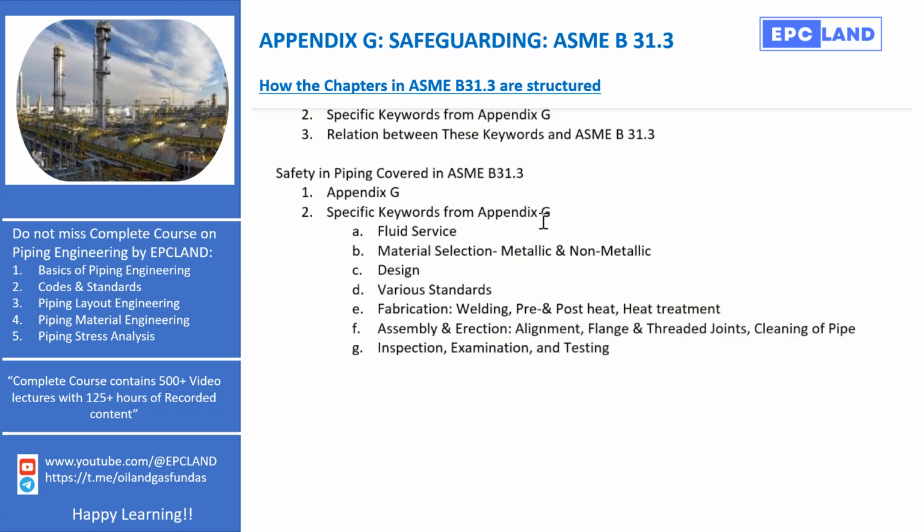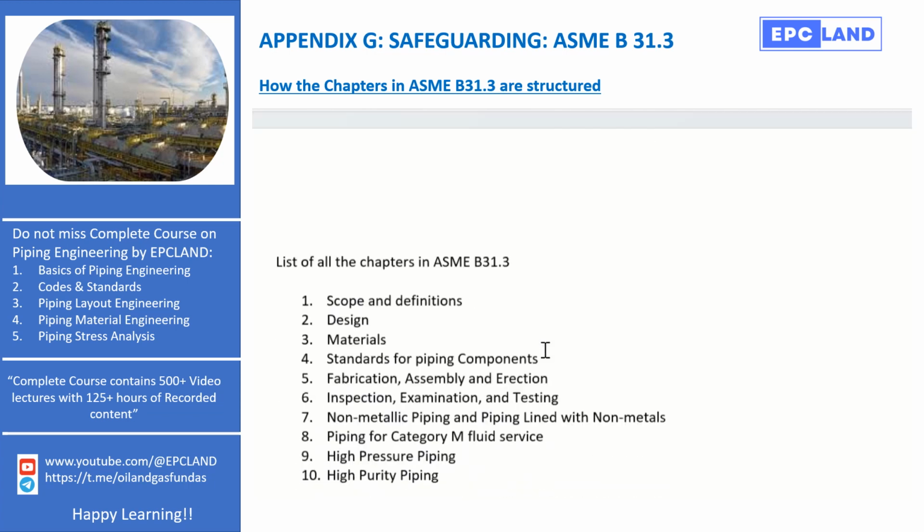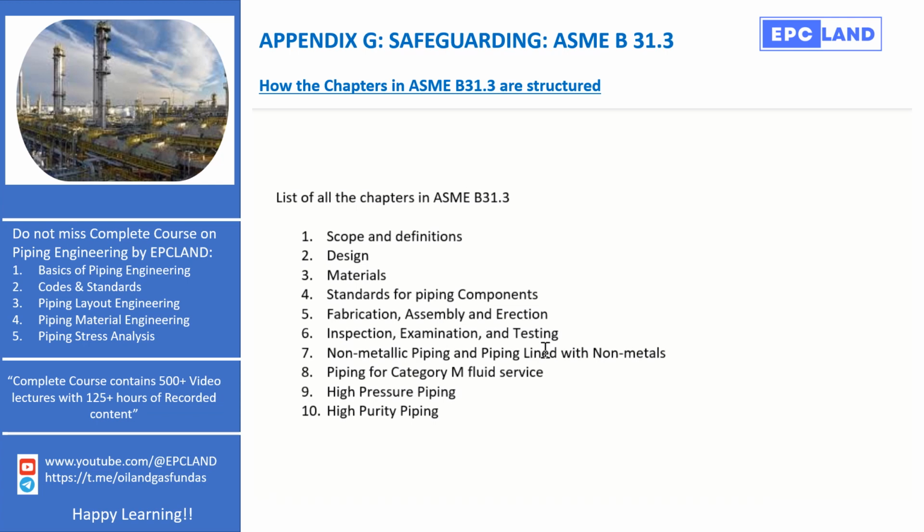So if you look at Appendix G and these four sections which we just talked about in detail, these are a few of the keywords which are required to add additional safety to the piping system, right? Now if you compare these few keywords which are the center point of Appendix G and you relate them with all the chapters which are there in ASME B31.3, you will see how this code is structured, right?